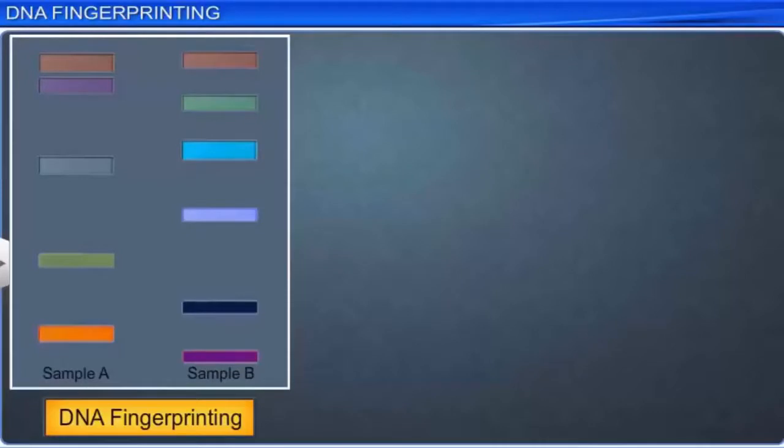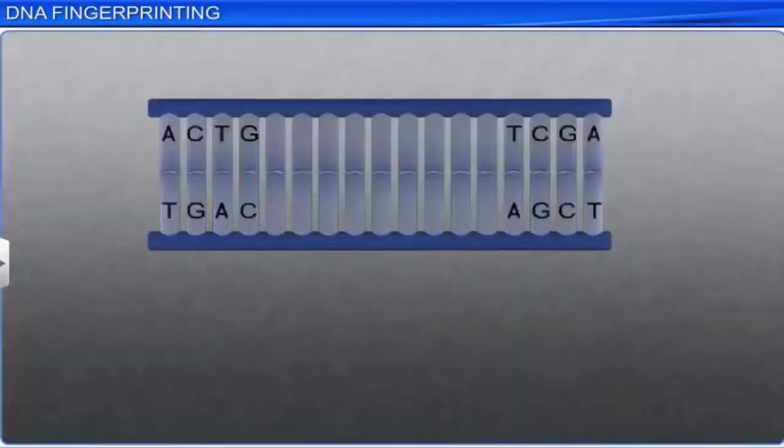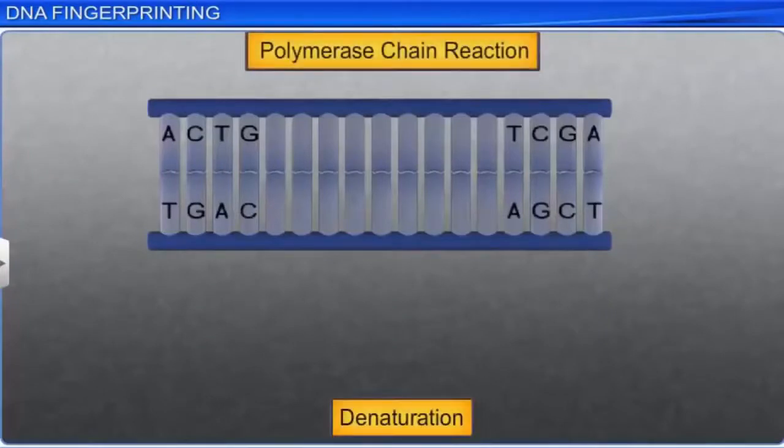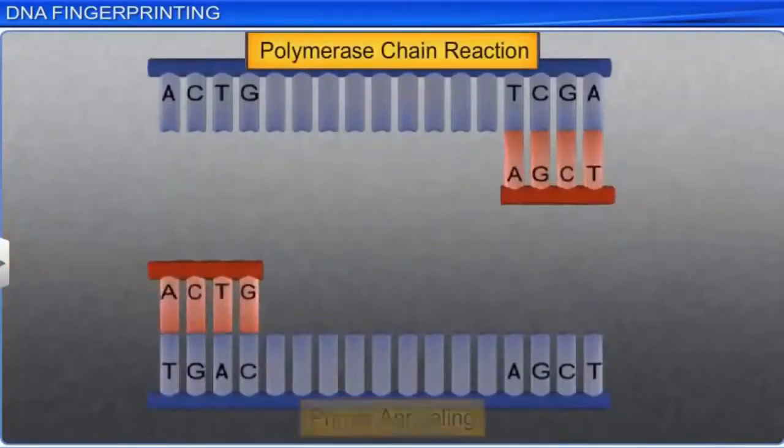Today, the accuracy of the DNA fingerprinting technique has further improved due to the advent of the polymerase chain reaction, or PCR, where multiple copies of a single DNA sequence can be made.